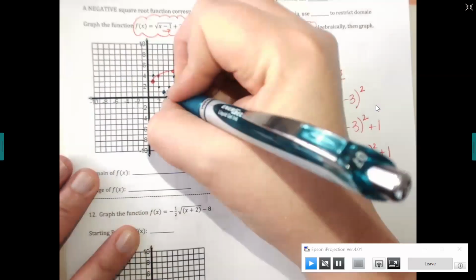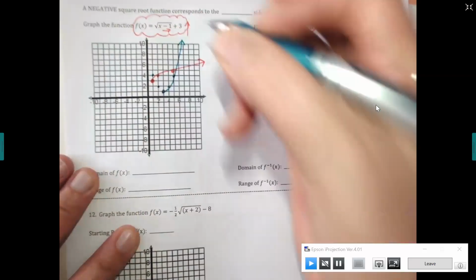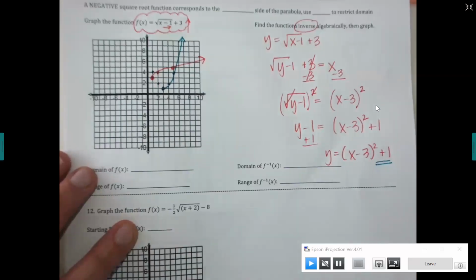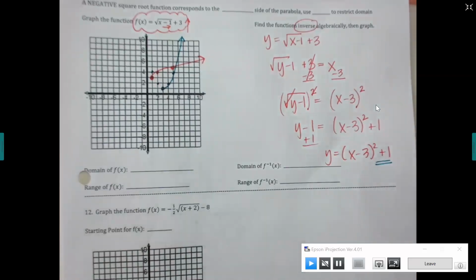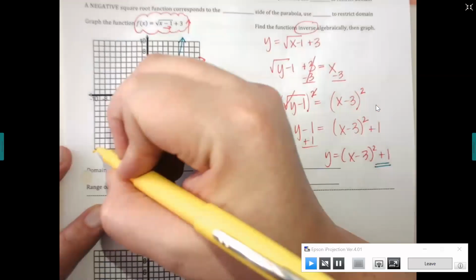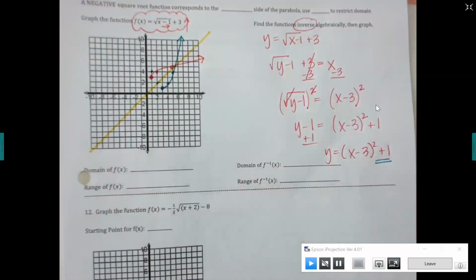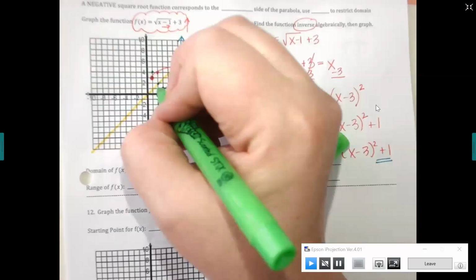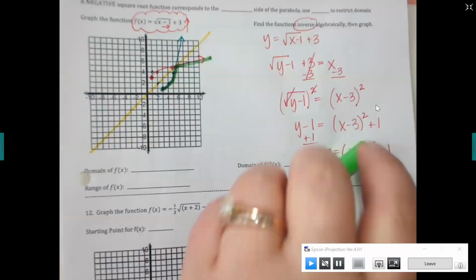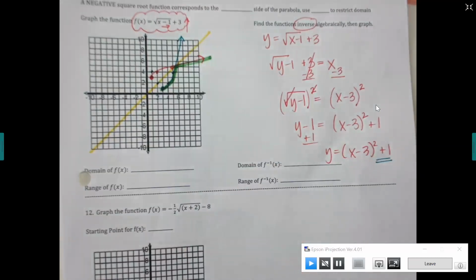You're only going to do the right side. Okay, and when you do that, draw in your diagonal, and you should notice that you're going to end up still with a graph that matches on both sides. Because on this side, you have like this little thing, right? And then on the other side, you end up with this thing that they still match each other.